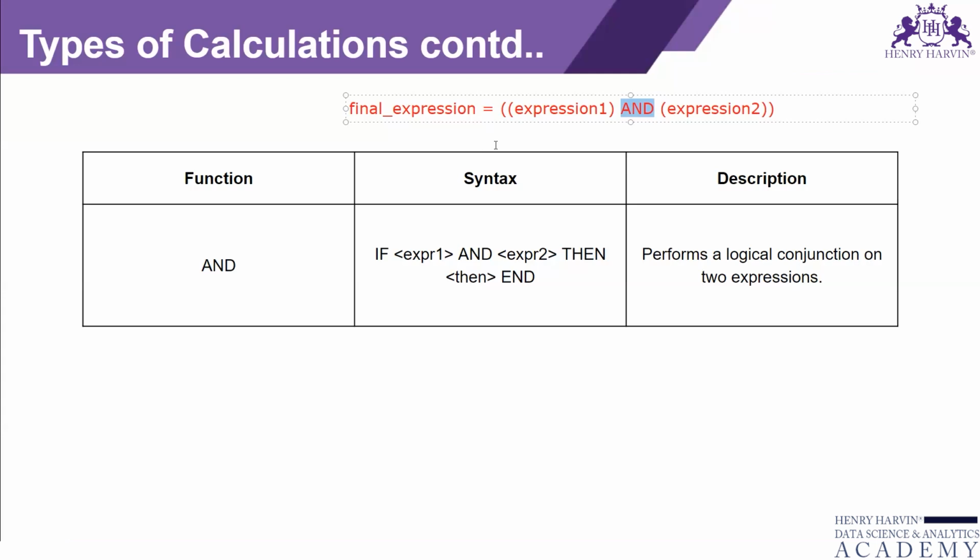So AND works like this: true and true is equal to true. In any other situation, if you have only one true or both false, the result is false. Only if both expressions result in a true, then the final output of the evaluation is true.